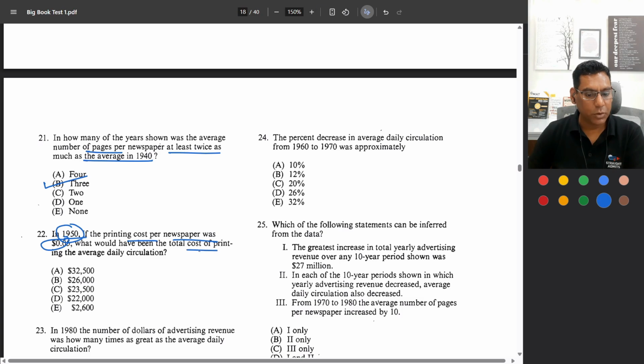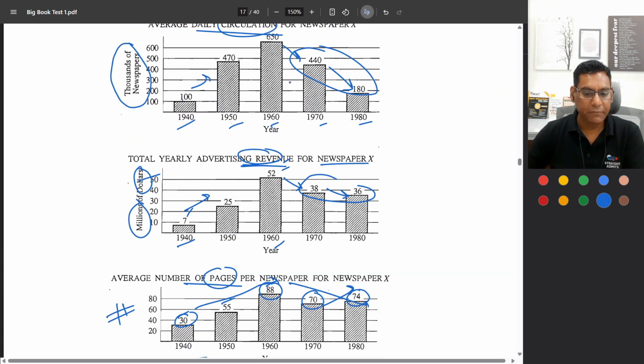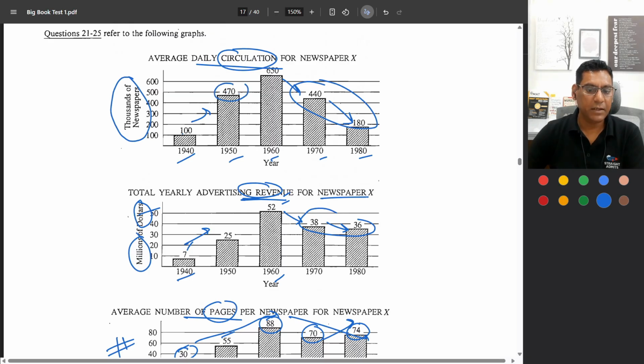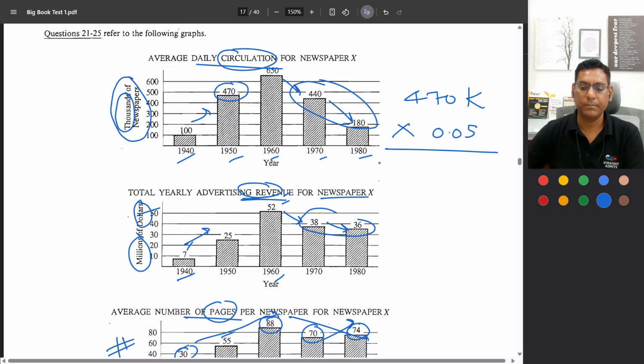What would have been the total cost of printing the average daily circulation? Okay, so in 1950 there were 470,000. Okay, note this thousand. 470,000 newspapers printed. Each of them cost 5 cents. What was the total cost? Okay, so let's write down the whole number. 470,000,000, right?